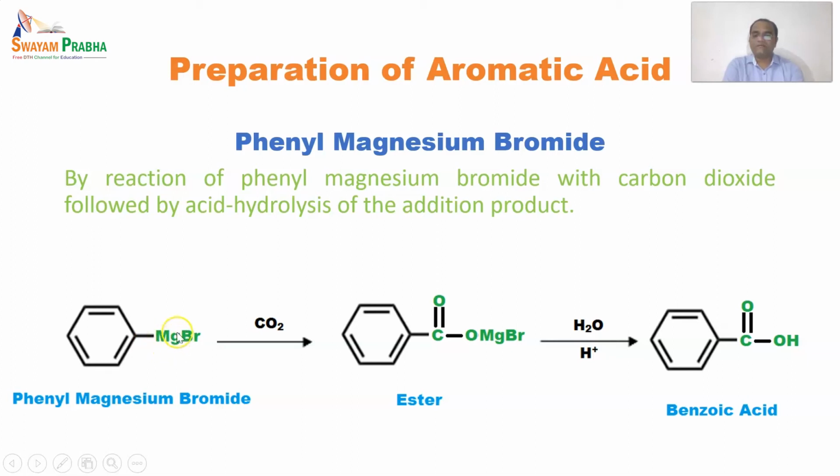Whenever this positive center has a negative center nearby, here you can see oxygen is a negative center, and this negative phenyl will attack the positive center, that is the carbon. Now it has been introduced in between, and after hydrolysis it will form benzoic acid. So after the ester has been formed, this ester is hydrolyzed further with the help of an acid.